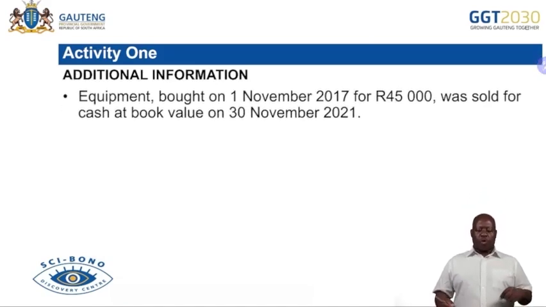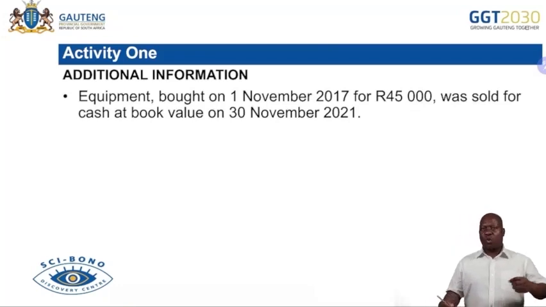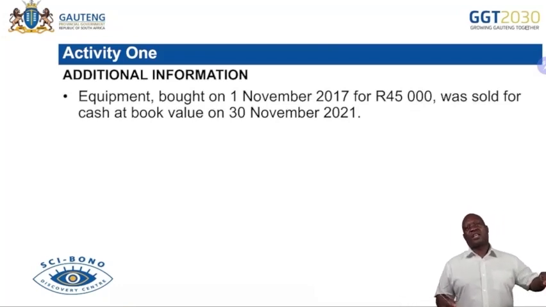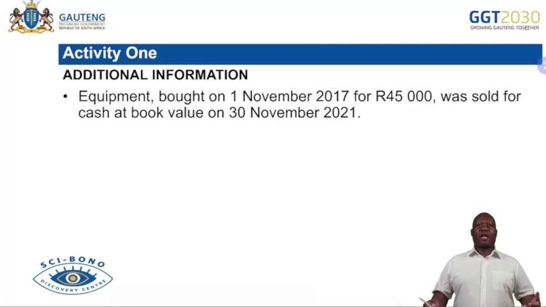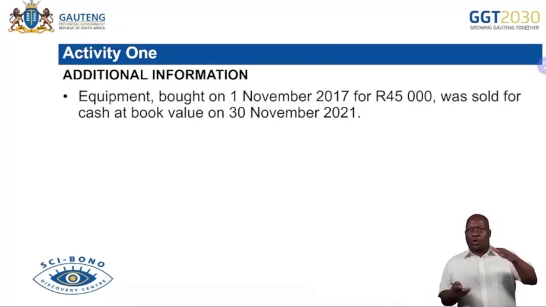Now, what additional information do we have? Equipment bought on 1 November 2017. That's some years back. We are now getting to 2022, but there is equipment that was bought on 1 November 2017 for 25,000. This was sold for cash at book value on 30 November 2021, during our year now. Remember, our year started on 1 March.